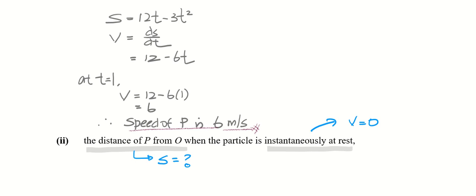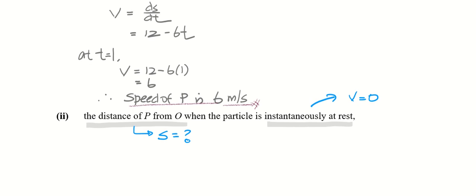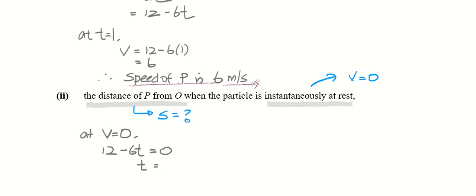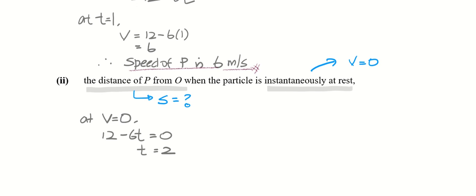So what is the very first thing you need to find? Displacement is in terms of t, time, so you need to find the time where v equals 0. At v equals 0, you can solve 12 minus 6t equals 0. That will lead you to t equals 2. So at t equals 2, it is instantaneously at rest.